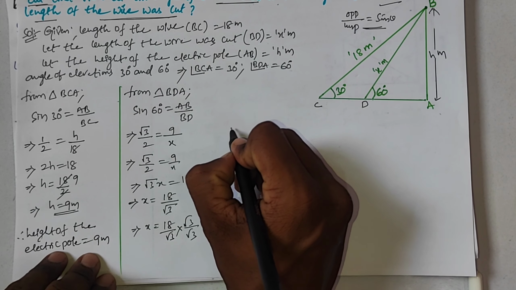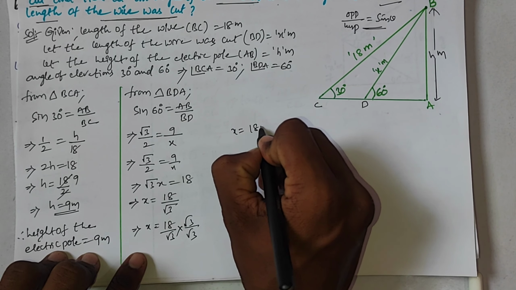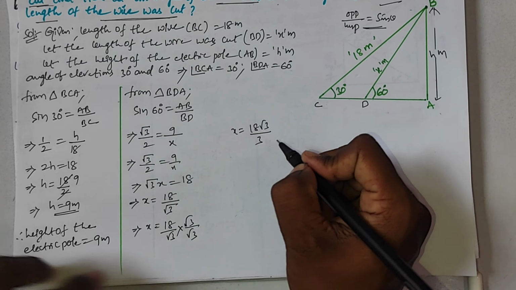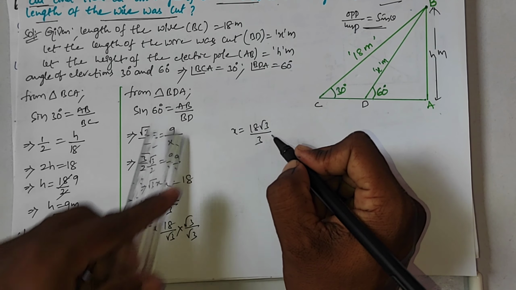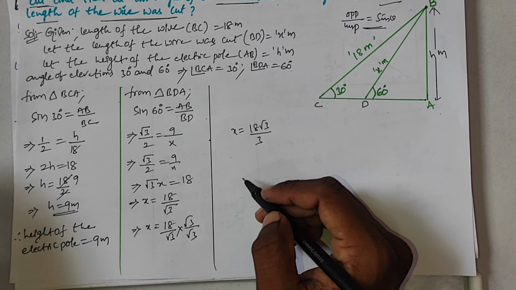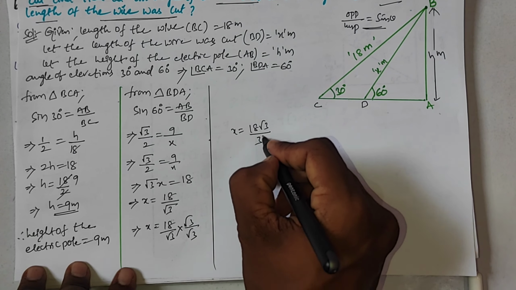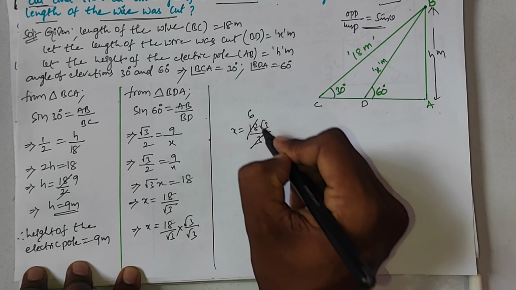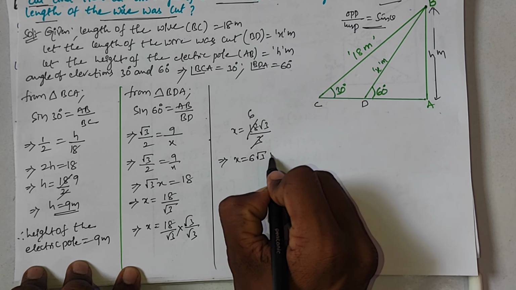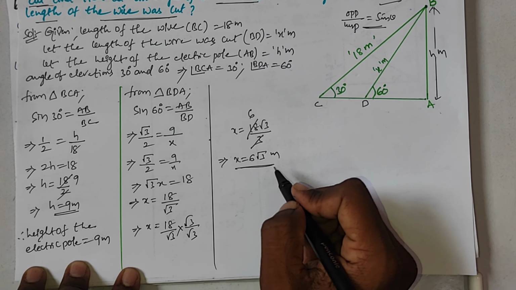Then x is equal to 18 root 3 by root 3 into root 3, which becomes 3. Why? Because we know root a into root a is equal to a only. That's why root 3 into root 3 becomes 3. Now 3 ones are 3 and 3 sixes are 18. This implies x is equal to 6 root 3 meters. Right?